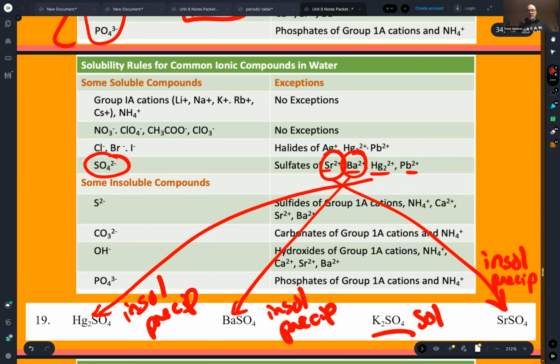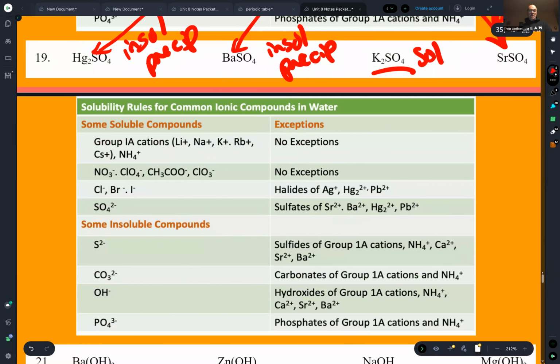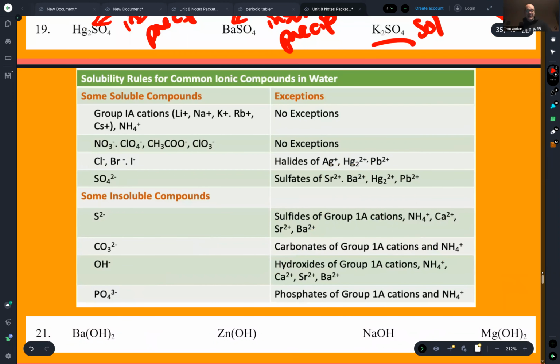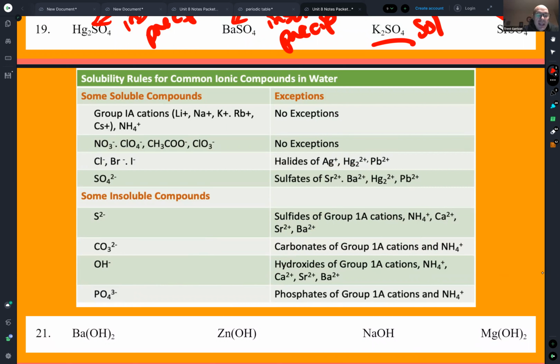All right, let's do our final example down here. So let's take a look at all these hydroxides. In these hydroxides, they are always going to be insoluble unless we have group 1 on the periodic table, calcium, strontium, or barium. It means that this is, well, it's not insoluble.